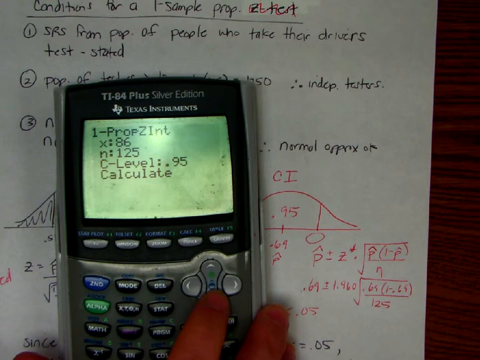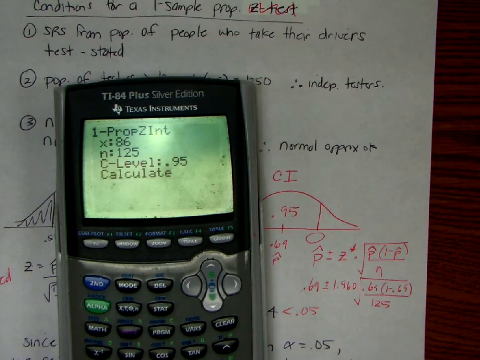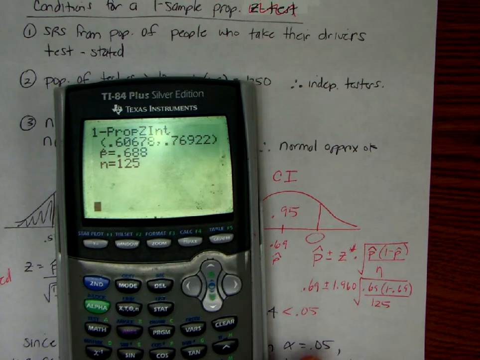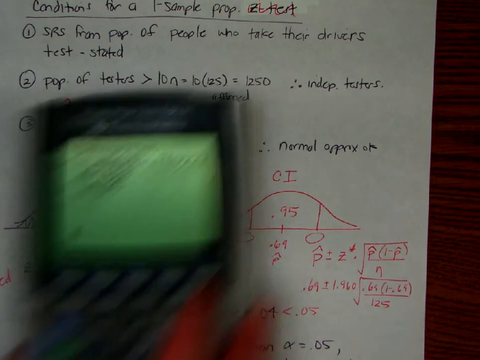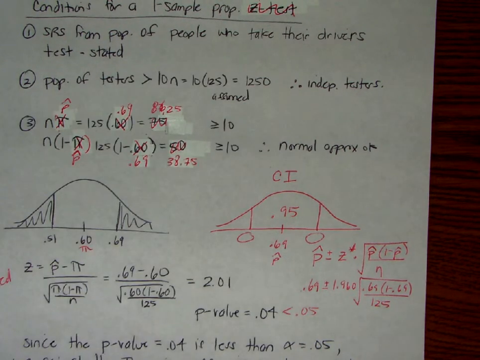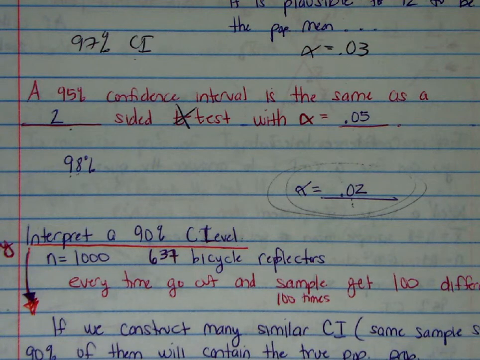And we are doing a 95% confidence interval. We're going to hit calculate. So let me get these numbers down, 0.606, 0.607, and 0.769. So 0.607, that's where you would make your conclusion from.